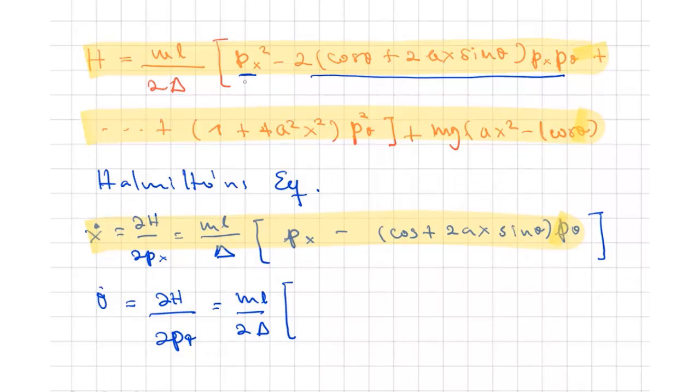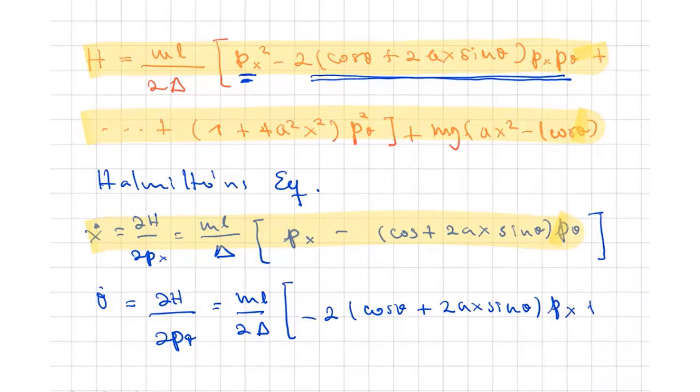For the first term. For the second one, it would be minus 2 cosine of theta plus 2ax sine of theta px.